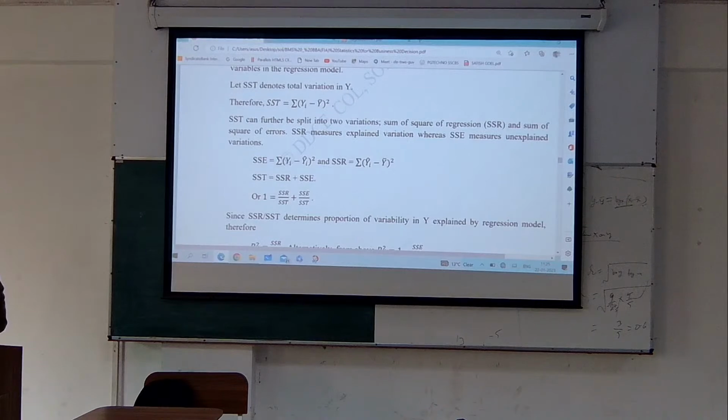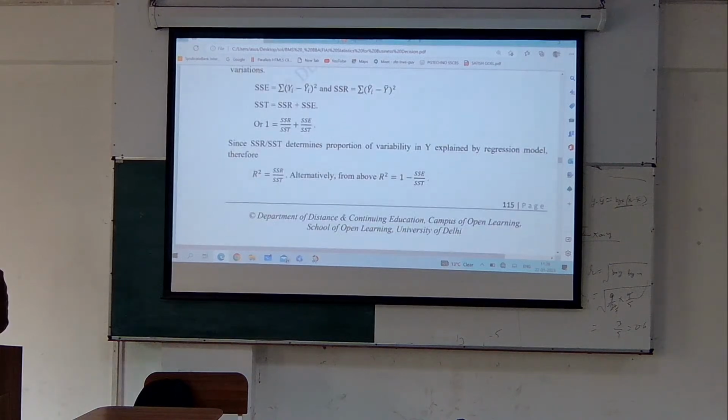One is explained by the regression, SSR, the sum of squares of regression, and second is the sum of squares due to error, SSE, which is unexplained, जो आपकी equation explain नहीं कर पाई है. So you can divide your total variation into two parts: one is the regression part, other is the error part. So SST equals SSR plus SSE, or you can say this R square is SSR upon SST.